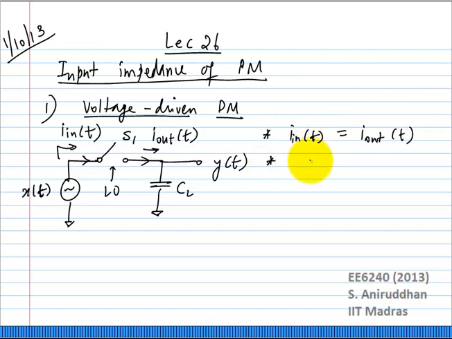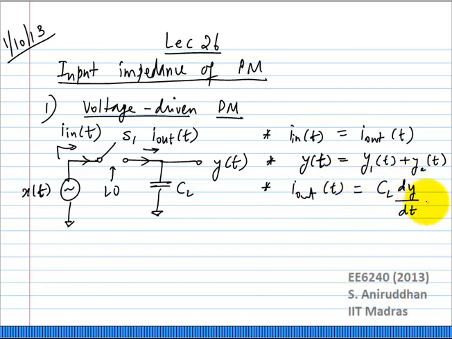Remember that we decomposed y of t into y1 of t plus y2 of t. This we did yesterday, and we know the expressions for y1 of t and y2 of t. And we also know I out of t is nothing but CL dy by dt, that is just the current through the capacitor, where y of t is the output voltage.